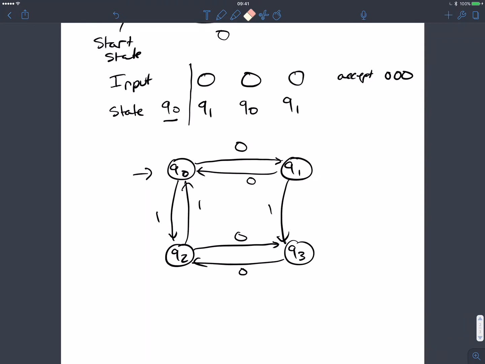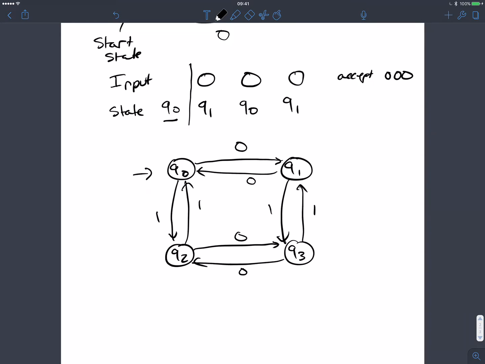I don't know what to do at that point. So we need every state to have every possible transition coming out of it. So the possible symbols are 0 and 1 in this case. So we need every state to have a 0 transition going out, or maybe coming back to itself, and a 1 transition going out, or maybe coming back to itself.